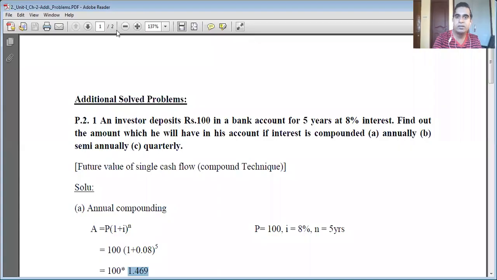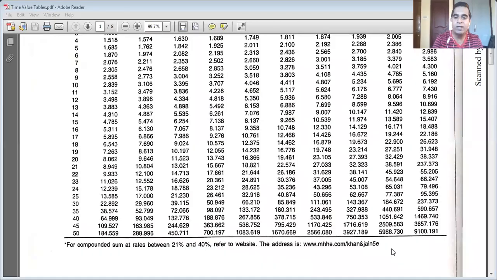Students, can you see the time value tables?